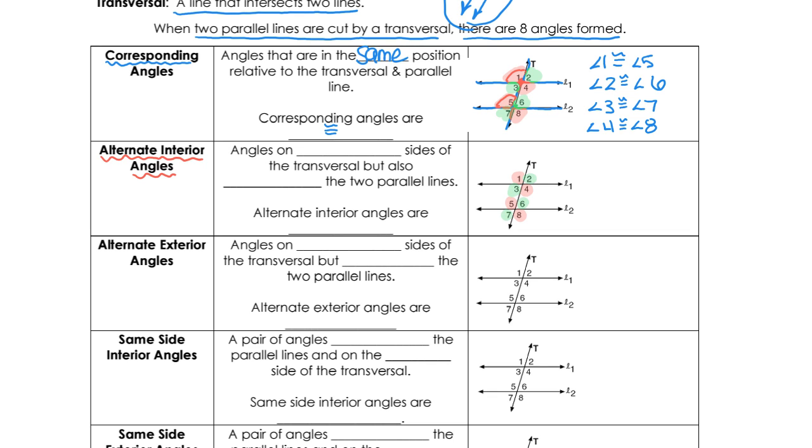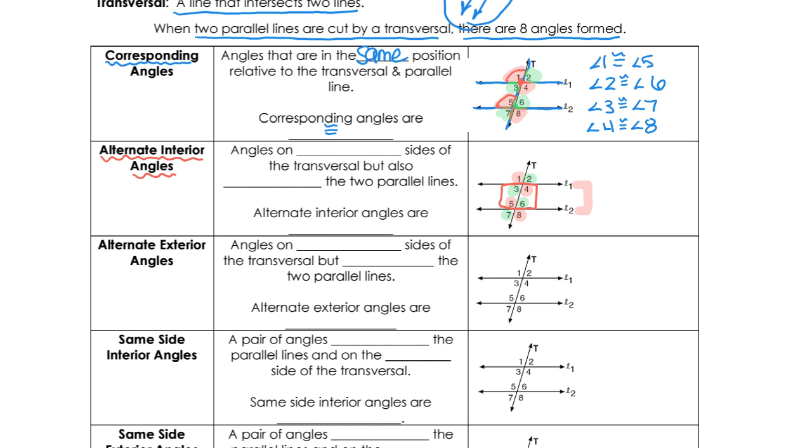Okay. So when they talk about alternate interior angles, they're talking about the interior angles. Interior is in between your parallel lines here. Okay. So there are these 4 angles on the interior of the parallel lines. And when they refer to the word alternate, they mean on alternate sides or opposite sides at opposite ends.